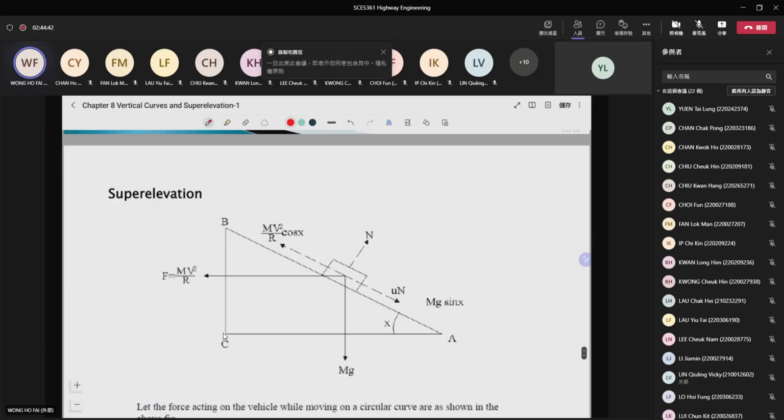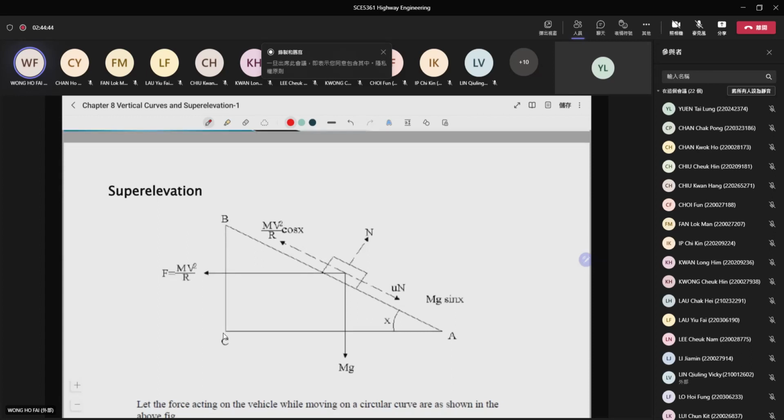Then, at that condition, actually, it will be held by so-called friction. The friction between the tire and the pavement. Okay, it is mu n. Mu is actually the friction coefficient between the tire and the pavement, while n is the normal reaction of the vehicle.